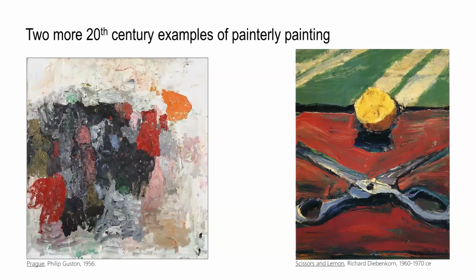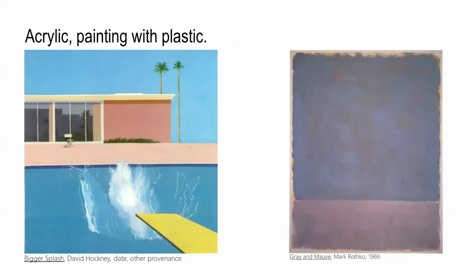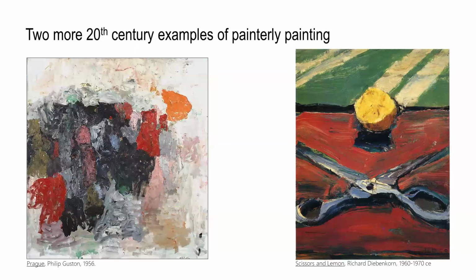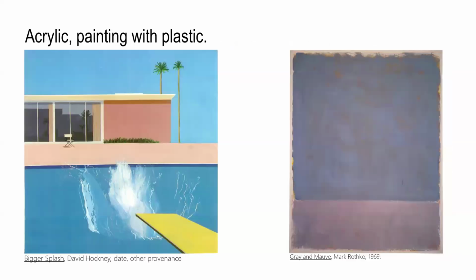So here's some more examples of 20th century painting in terms of oil painting, but we do need to get to acrylic. Acrylic, like it says, is painting with plastic, and it is literally painting with plastic. The binder in acrylic is essentially Rhoplex.